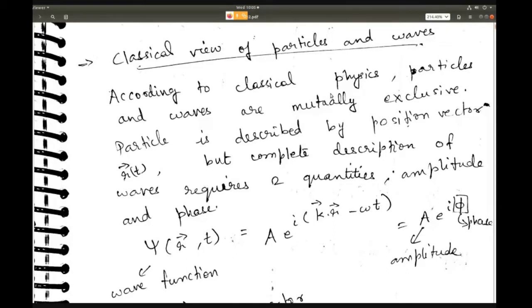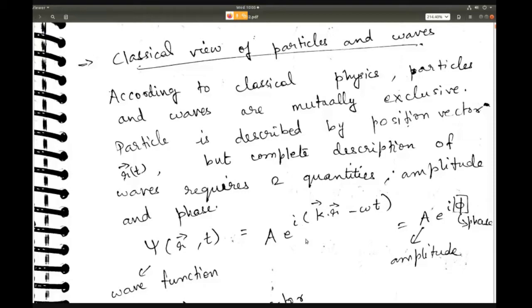But if you want the complete description of a wave, then you need two quantities, right? One is the magnitude of the amplitude, which is A, and the other one is the phase, which is phi. And phi is nothing but k dot r minus omega t.